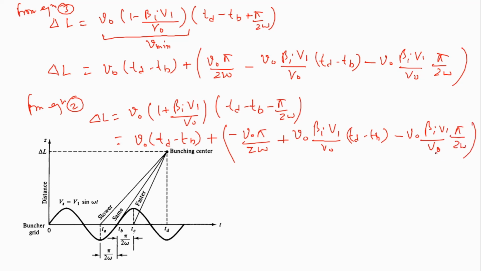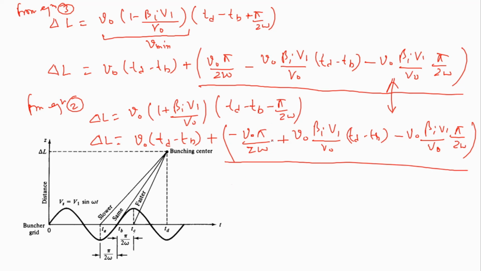So you can see these two equations, this delta L equation and this delta L equation. Try to correlate these two equations. You will see V0 TD minus TB here, and also V0 TD minus TB, but this term is multiplied with a minus sign. These two terms are multiplied with a minus sign, but this is for minimum velocity, meaning the slower moving electron, and this is for the faster moving electron.